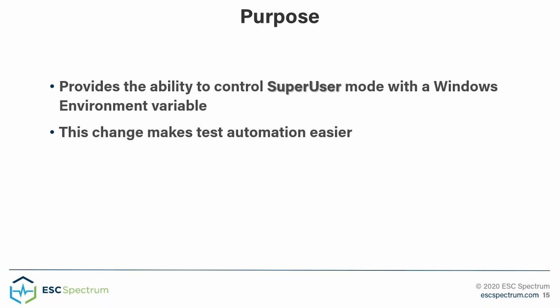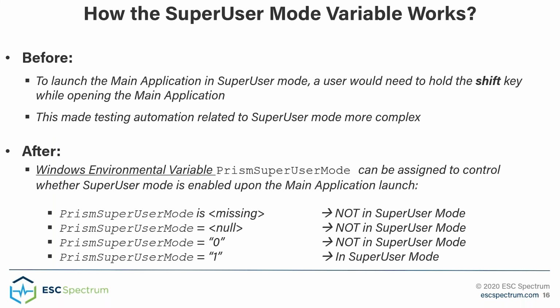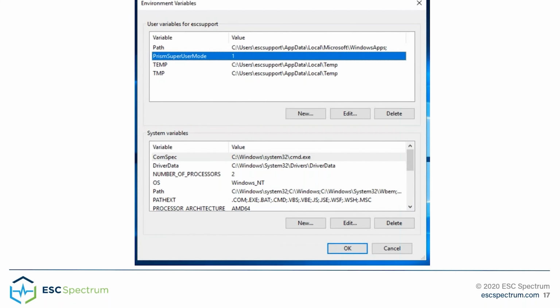Now we introduced a feature where it will search for a Windows environmental variable, and based on the status of that environmental variable, Prism super user mode, it will or will not launch the main application in super user mode. Here's what it would look like in the environmental variable editor.